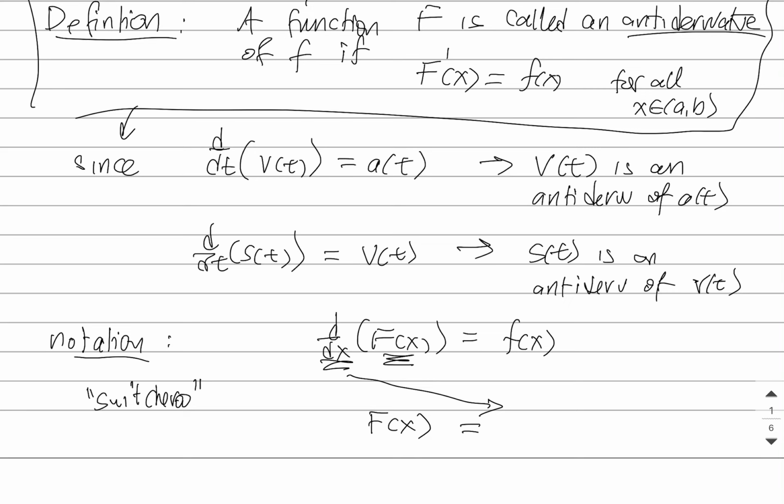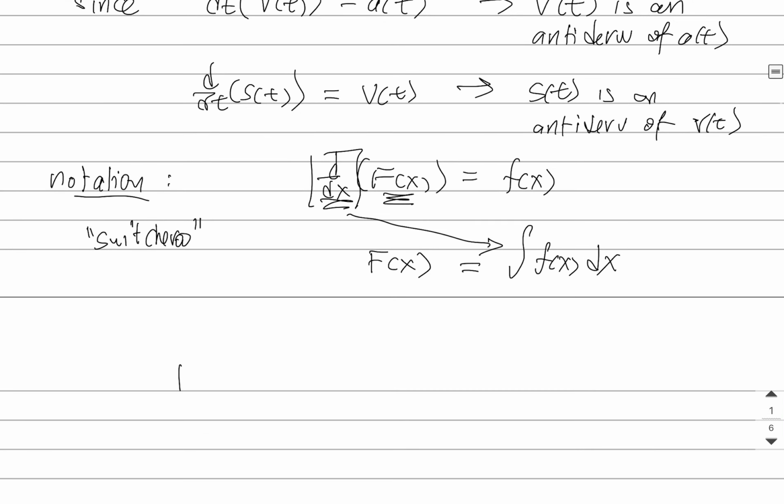The notation for derivative is d by dx, but when we try to undo a derivative, we're going to use this notation, a big, long, stretchy s. This notation is kind of similar to what we're used to. This is the derivative, and this stretchy s with the dx connected to it is the antiderivative.